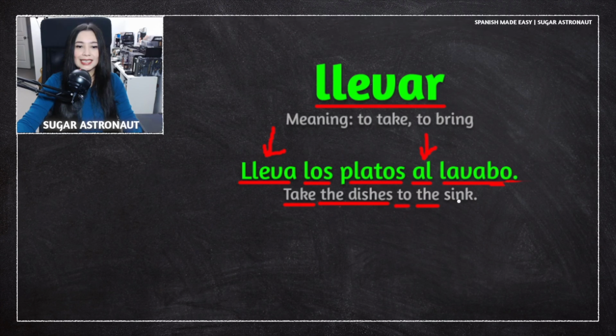Lavabo means sink. Lavabo can refer to any sink. It could be the kitchen sink. It could be the one in the bathroom. So, it's any sink. Lleva los platos al lavabo. Take the dishes to the sink.